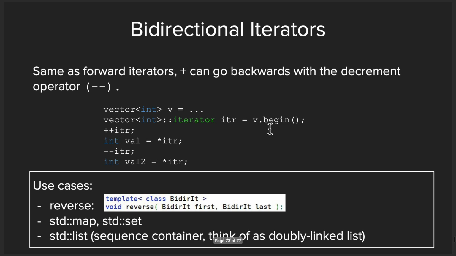You'll see bidirectional iterators with functions like reverse, which reverses every element in what you pass in. Bidirectional iterators are what the map and set classes define. That's why we couldn't use the sort function, because sort requires random access, which is more powerful than bidirectional. It's also what list defines, so linked lists are also only bidirectional.